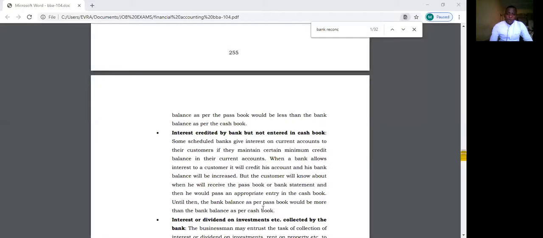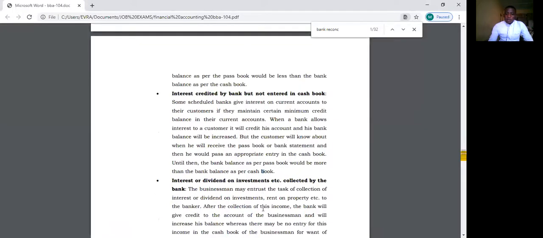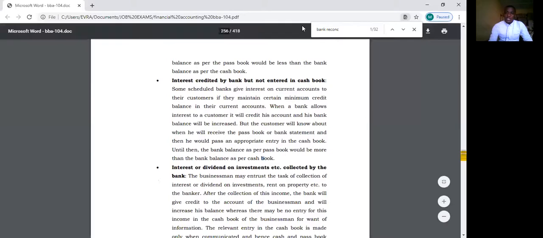Do you understand? Another reason would be the interest or dividend we are going to receive for our investment. Suppose you have bought shares in a bank. Because you bought shares in a bank, that bank is going to pay you a dividend for your shares.